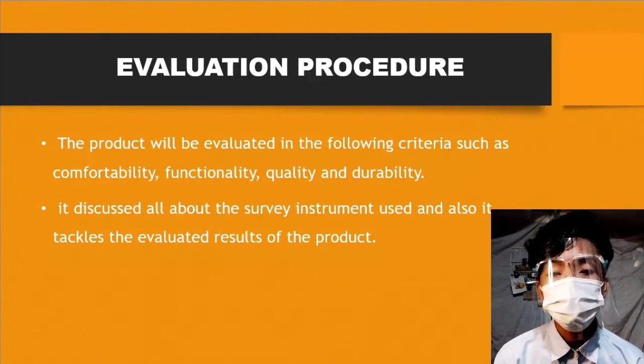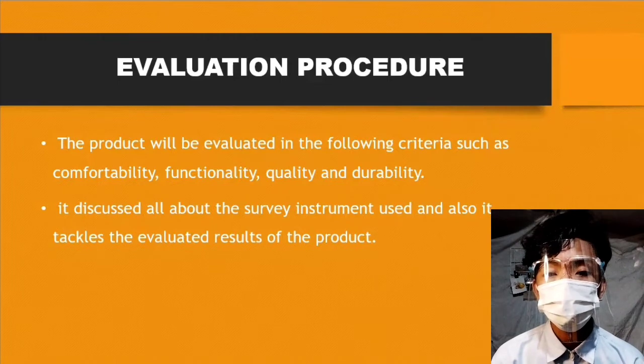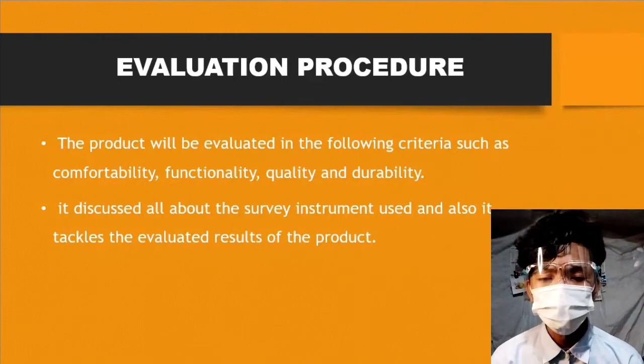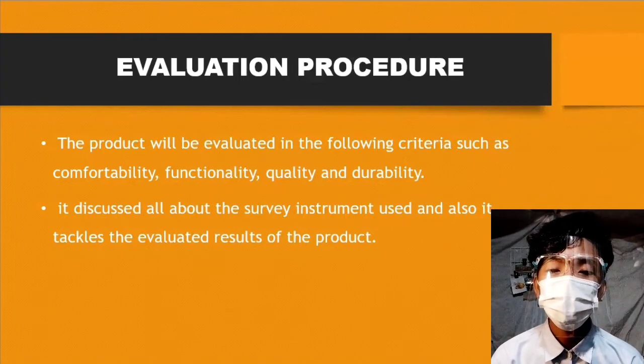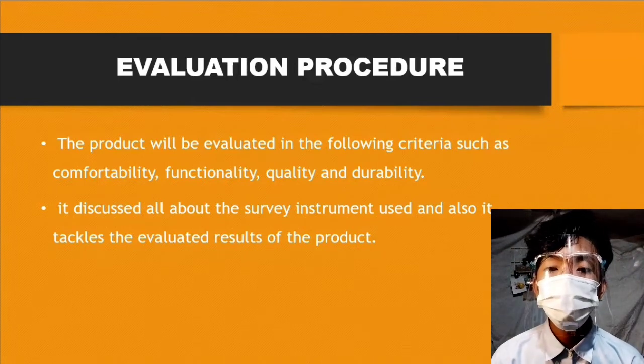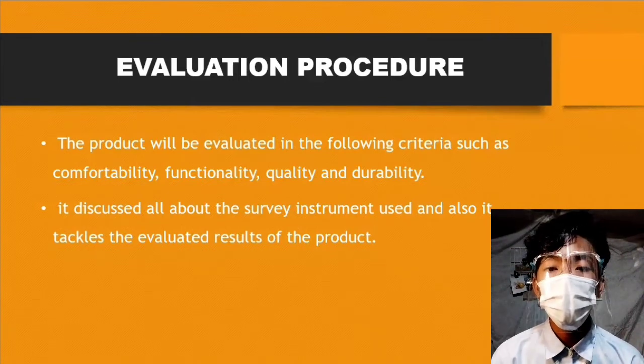When we say comfortability, it means our product is comfortable and very easy to use. Next is functionality. Functionality refers to the function of the product, if it performs well and has a good function. Next is quality. Quality refers to the standard of something as measured against other things of a similar kind and the degree of excellence of something.